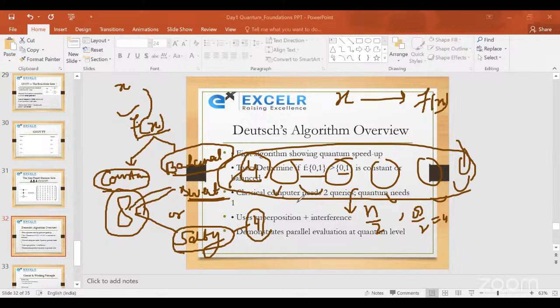But in the quantum, we can do everything in parallel. Why in parallel? They are using the concept of parallelism, that means superposition.